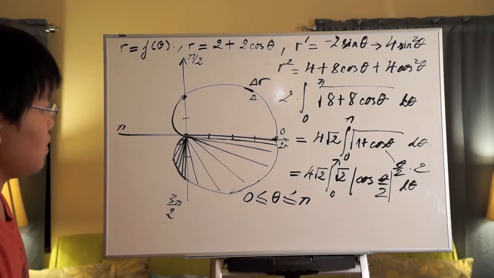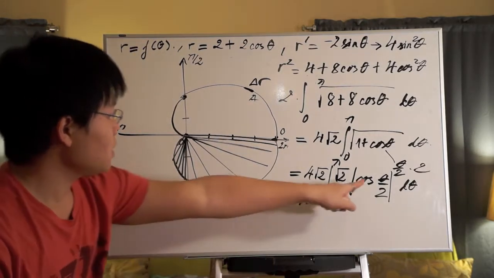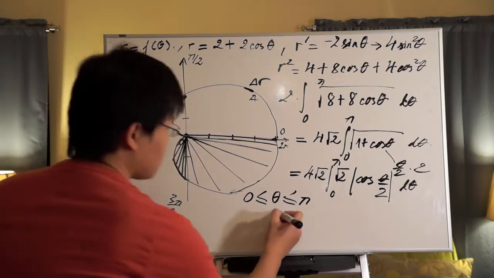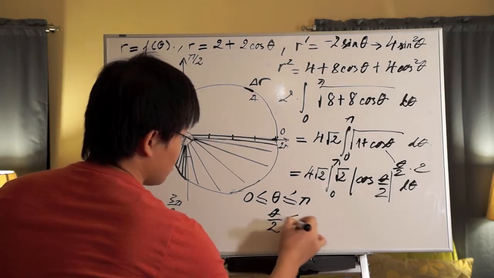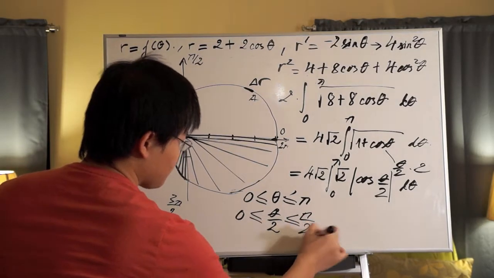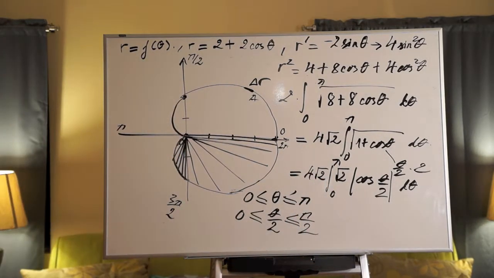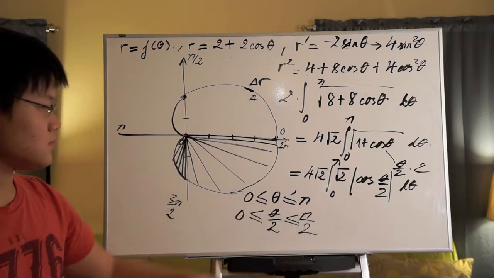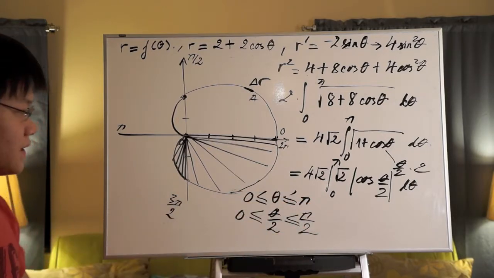So therefore theta over 2 will be going from 0 to pi over 2, because you just divide all of them by 2.